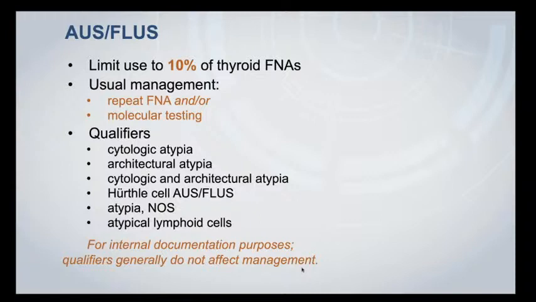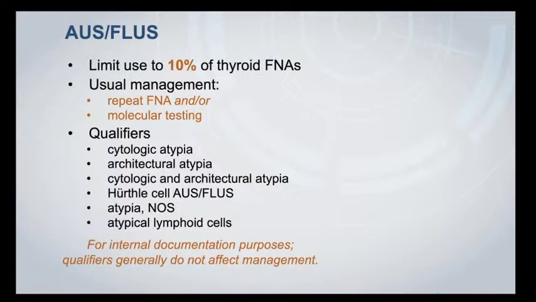These qualifiers, at least as practiced in the United States today, are really for internal documentation purposes only. They really don't affect management. So whether it's cytologic atypia or architectural atypia or the Hürthle cell type of AUS/FLUS, the management is generally going to be the same.